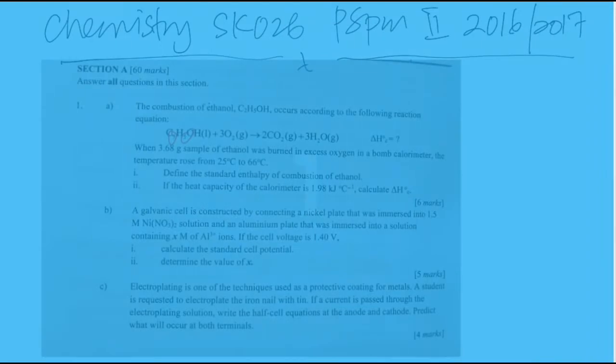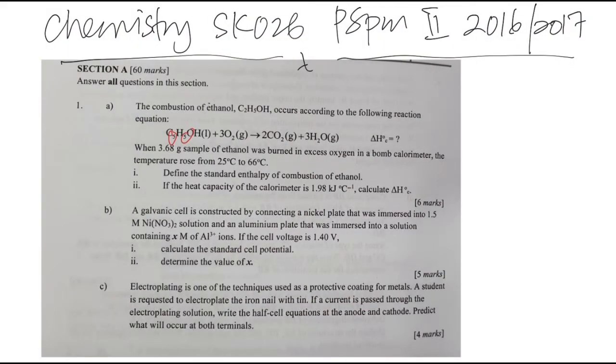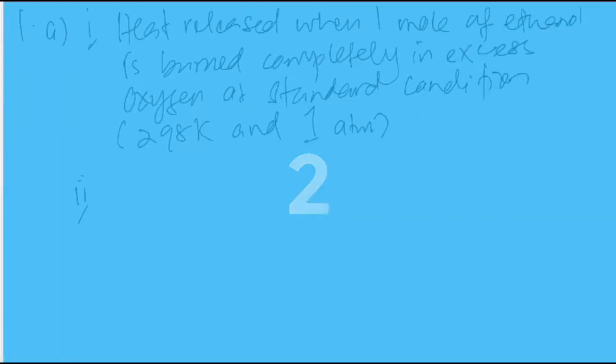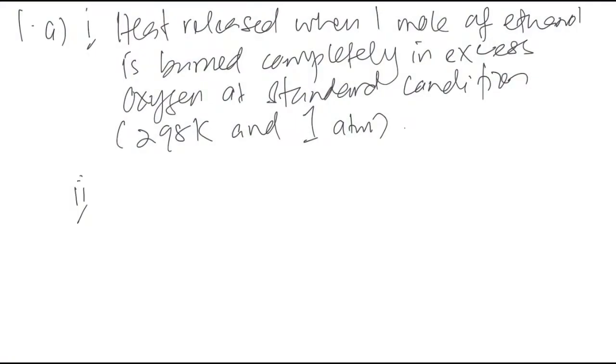question 2, A2. If the heat capacity of calorimeter is 1.98 kilojoule per Celsius, calculate the standard enthalpy of combustion. Okay, so we are talking about Bohm calorimeter.